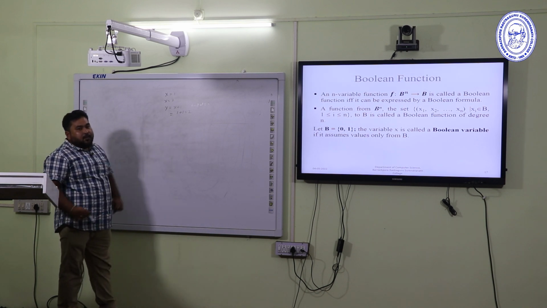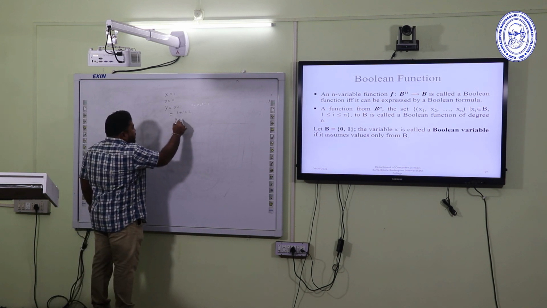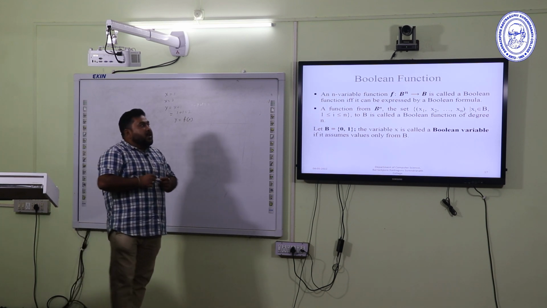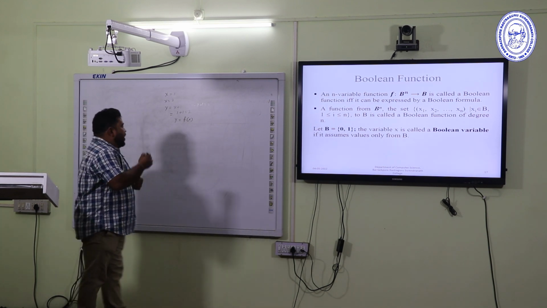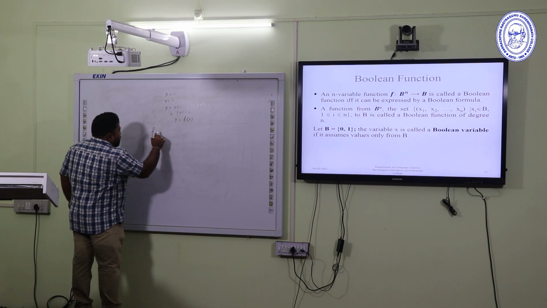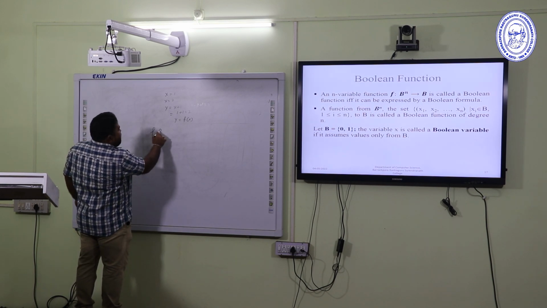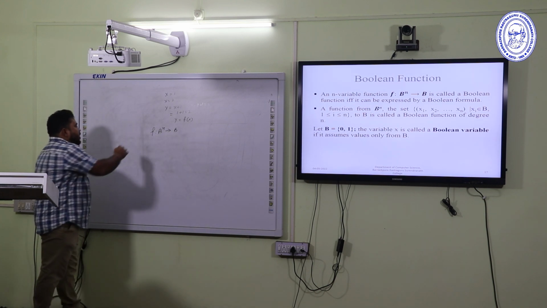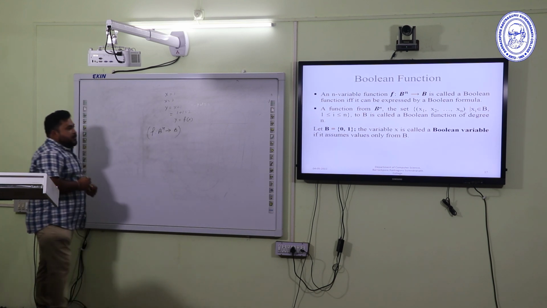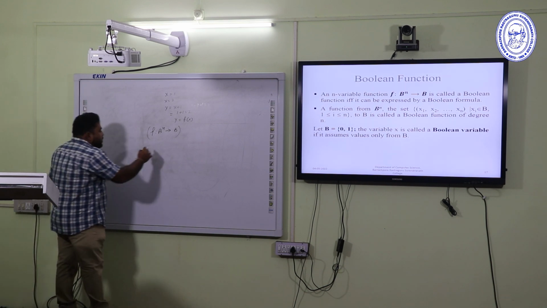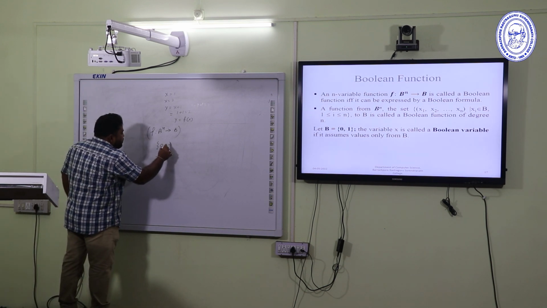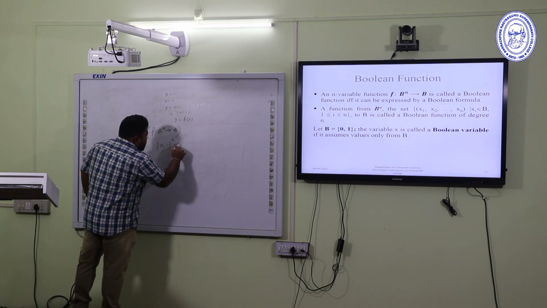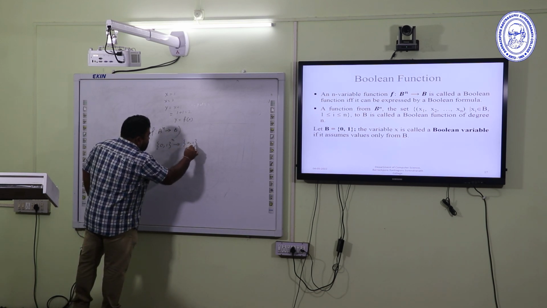So Y is a function of X. So we can write that Y is equal to f(x). So in the Boolean domain, an n-variable Boolean function means a function that maps B to the power n, where B means 0 and 1, and n means the number of literals present, that map to 0 and 1.